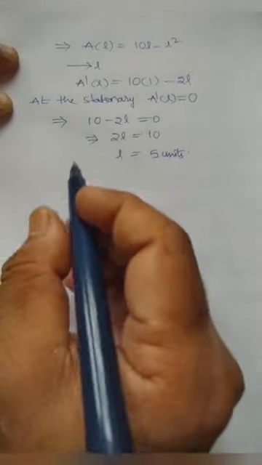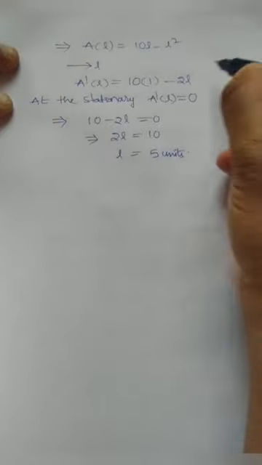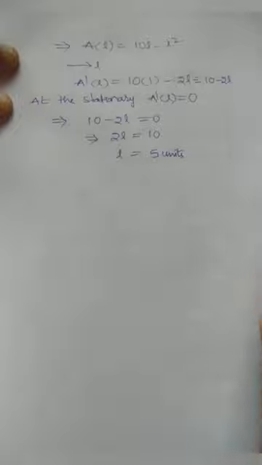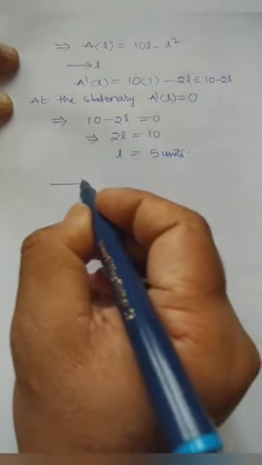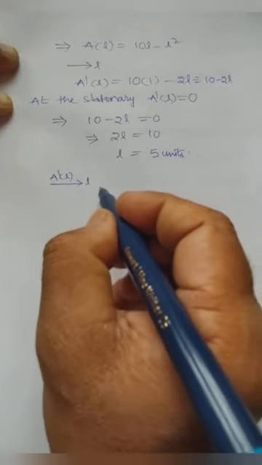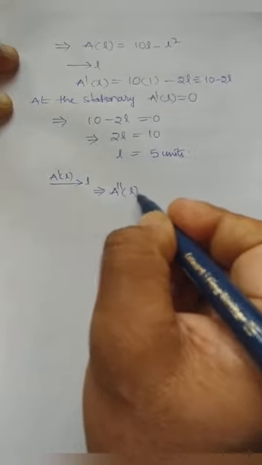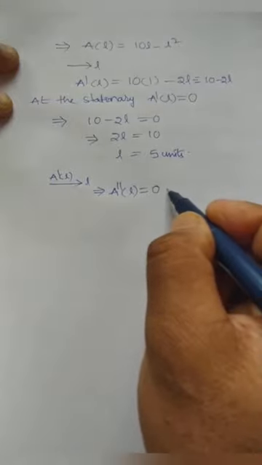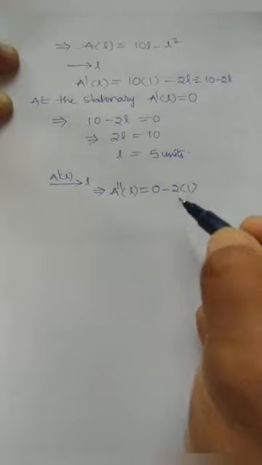So now I am finding the second derivative of this function. What I got, A dash of L, is 10 minus 2L. So I am differentiating A dash of L with respect to L on both sides. So I would get A double dash of L is equal to 10 derivative is 0, minus 2 into L derivative is 1.